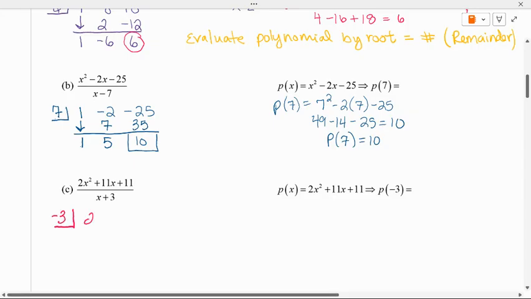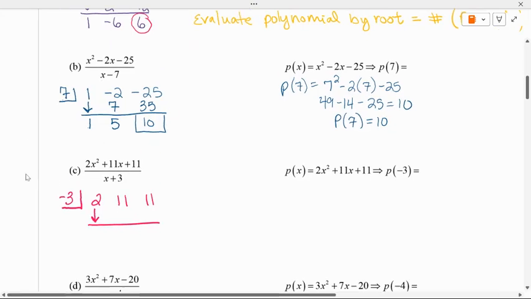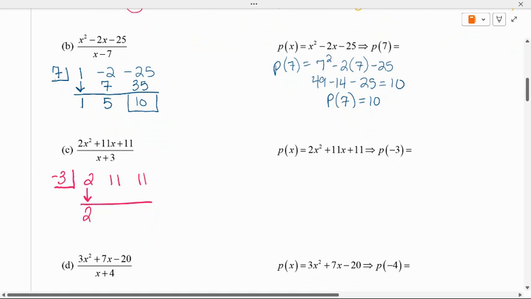So I have a coefficient of 2, a coefficient of 11, and a constant of 11. So negative 3 times 2 is negative 6. 11 minus 6 is 5. You see that you have these right here, right? Negative 3 times 5 is negative 15. 11 minus 15 is negative 4.